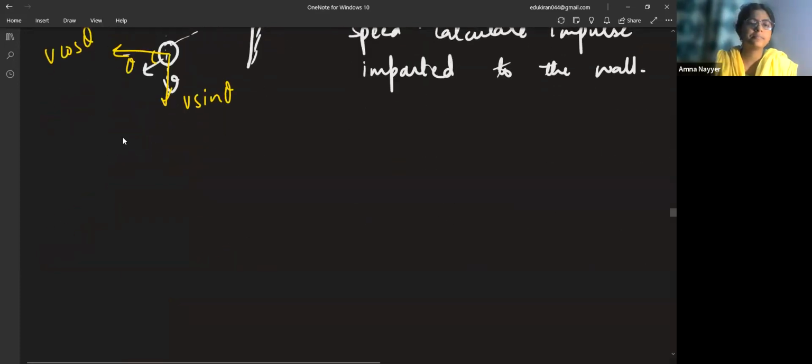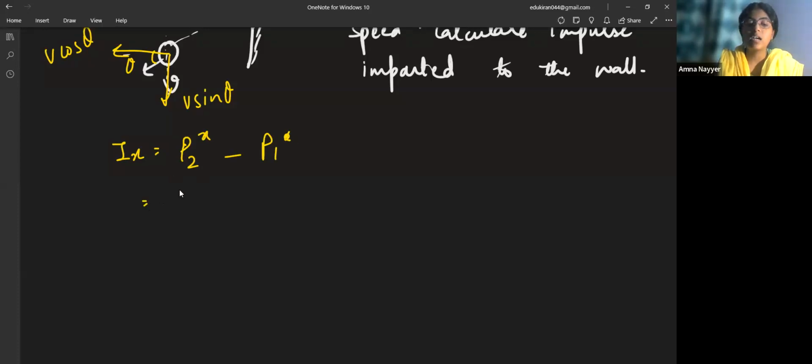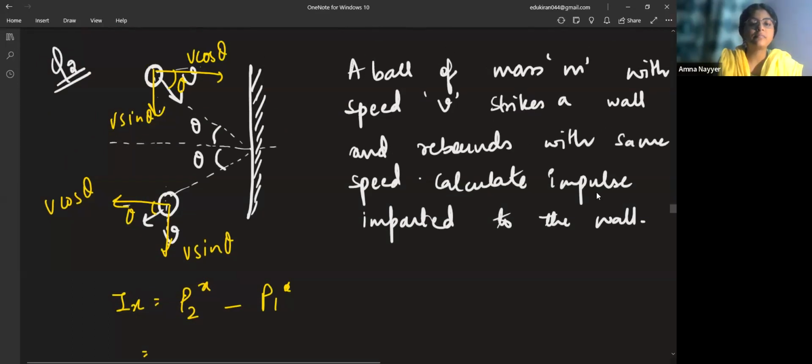Impulse along x-axis will be final momentum along x-axis minus initial momentum along x-axis. What is the final momentum along x-axis? Finally, this is v cos theta. Again, we have to choose the sign convention. Let's take this side as positive and the opposite side as negative.